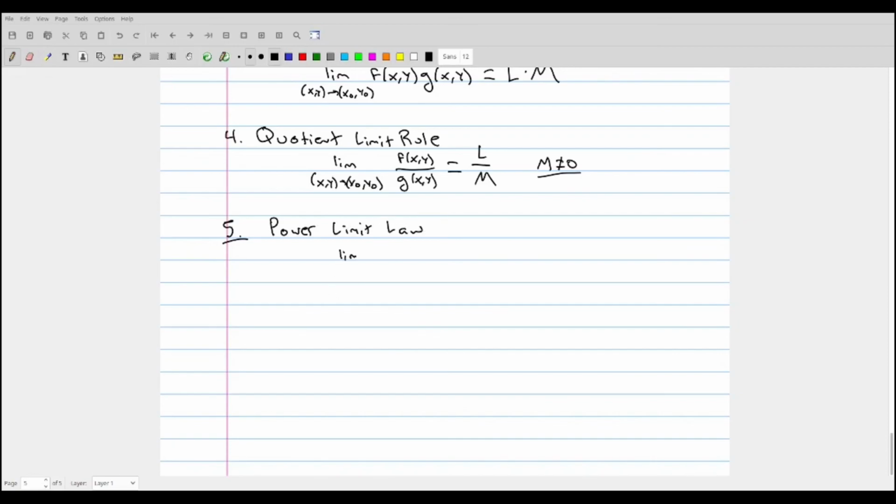If you're taking the limit of, say, the function f raised to the n power, where we'll say that n is a positive integer, the limit as (x,y) goes to (x0, y0) of some function of x and y raised to the power n is going to be equal to just the limit of f, raised to the power n.